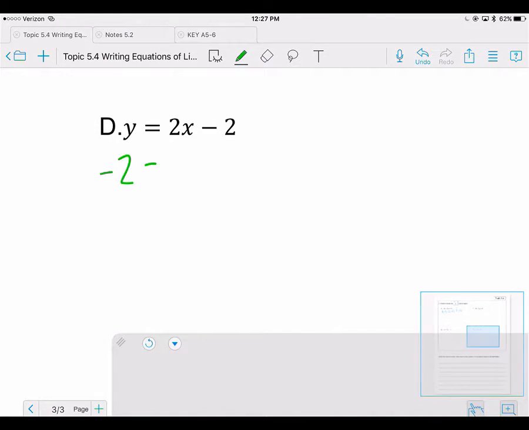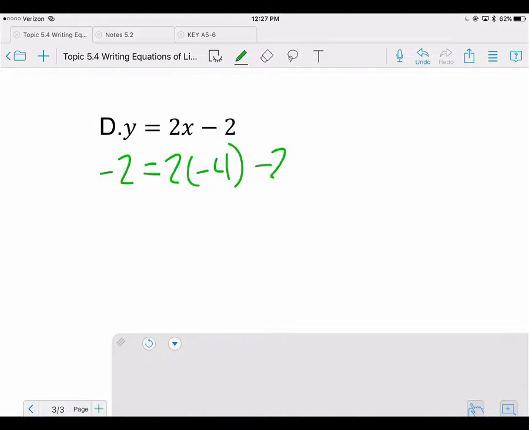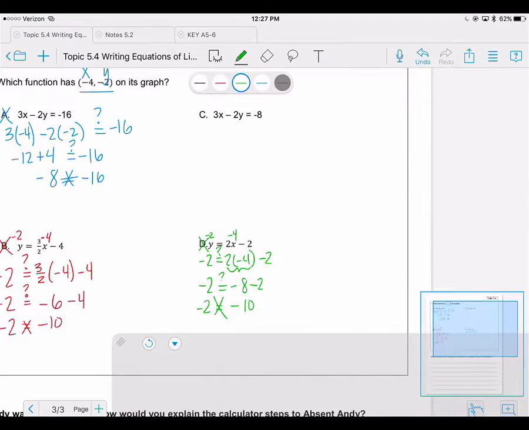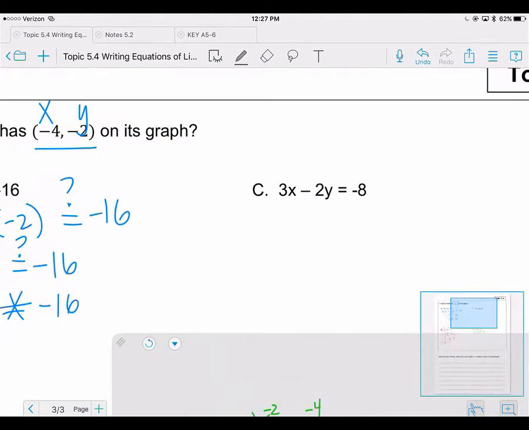D, plug in negative 4 for x, negative 2 for y, see if this one will work. So I am looking to see if negative 2 equals, this is negative 8, negative 8 minus 2 is negative 10, which is not negative 2. So hopefully C is going to work out for us.